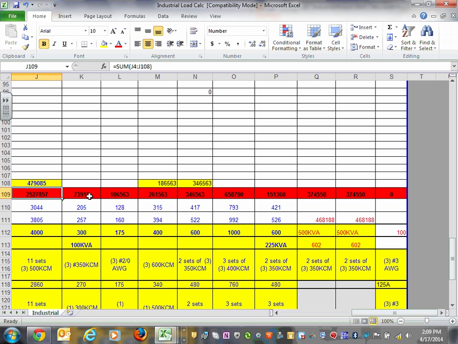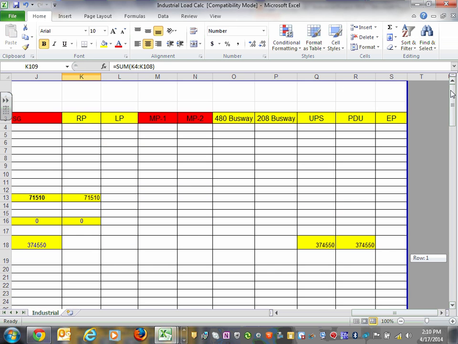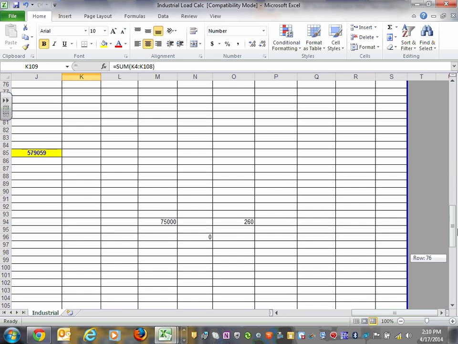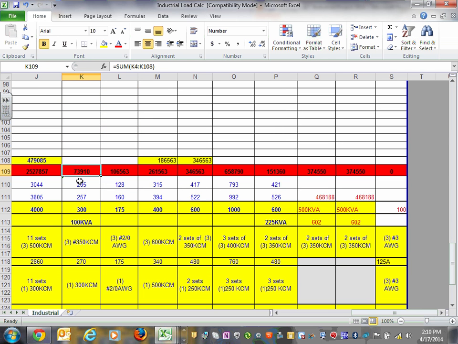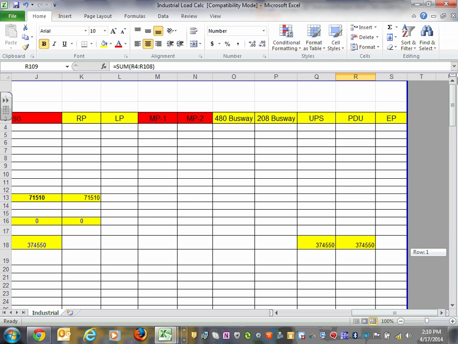And I have a load of this amount for my receptacle panel. So my receptacle panel has this amount of load, which is 74. My lighting panel, 107. My mechanical panel, is that mechanical panel 1 and 2? I believe. These are the loads on them. And then the bus ducts, and then the UPS and the PDUs. And you can see how this correlates with the numbers at the top.